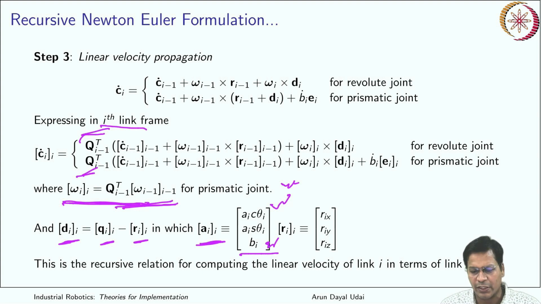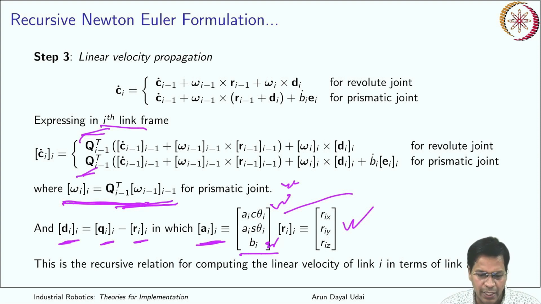So this is the Ai vector, that is the vector which connects Oi minus 1 to Oi at frame in case of link. This is the Ri vector. So Ri has got 3 components, those are put as Rx, Ry and Rz.